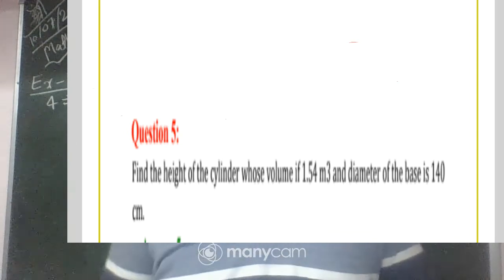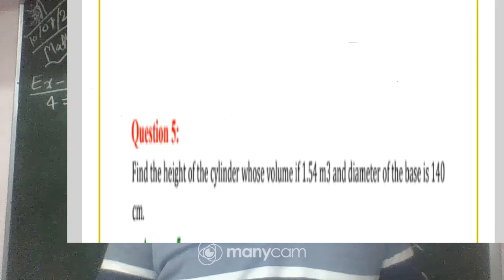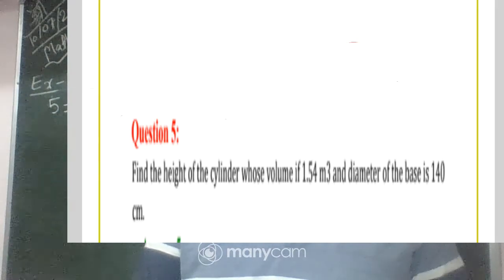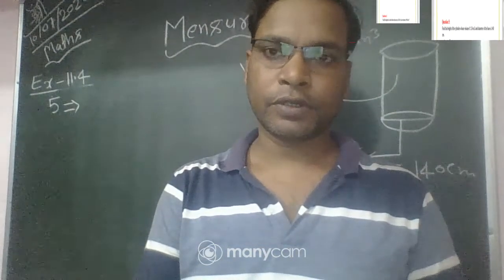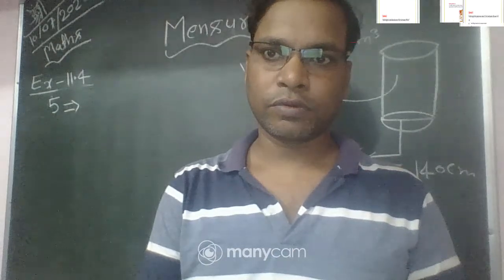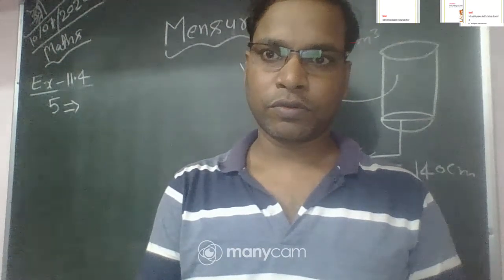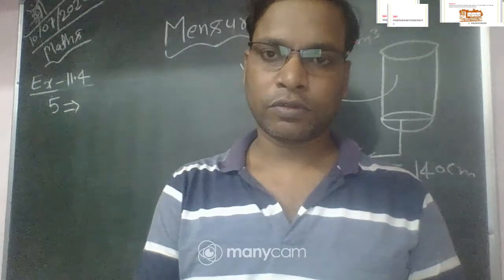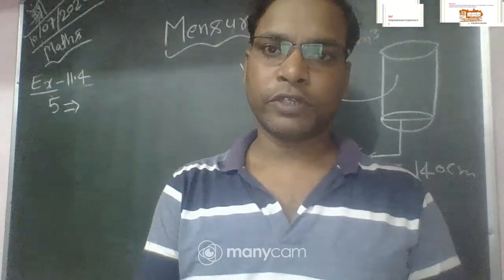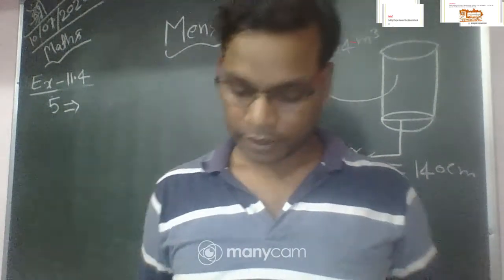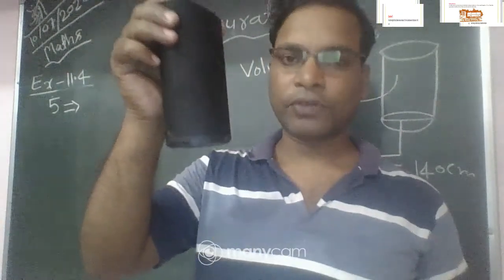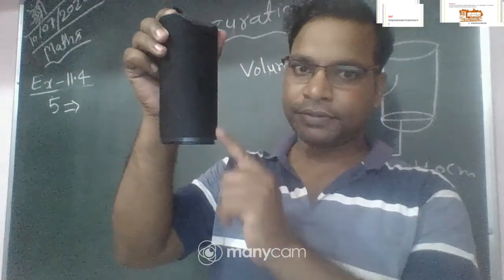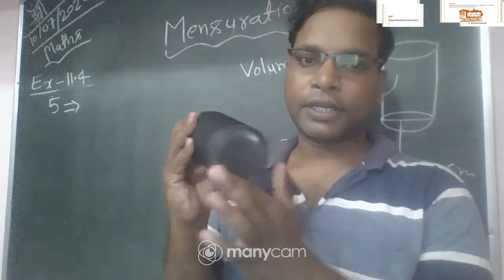So let's see how to find it. So students, let's see. This is a shape of cylinder. This is the height of cylinder, and this is the base of cylinder.